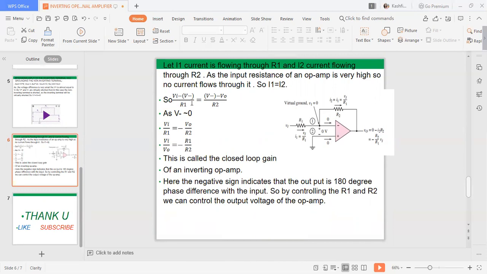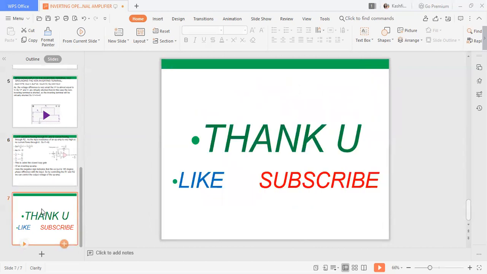So here it will be VI divided by R1 equals minus V output divided by R2. So we find V output divided by VI equals minus R2 divided by R1. This is called the closed loop gain of an inverting op-amp. Here, the negative sign indicates that the output has a 180-degree phase difference with the input. So, by controlling R1 and R2, we can control the output voltage of the op-amp.